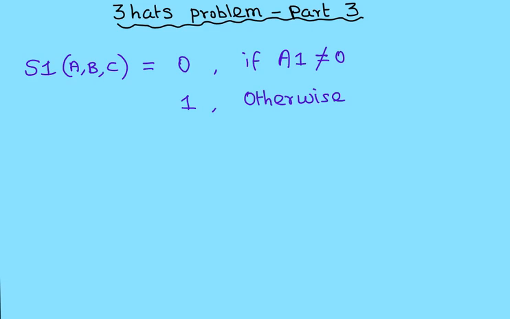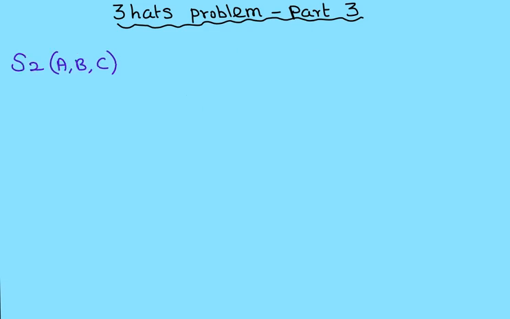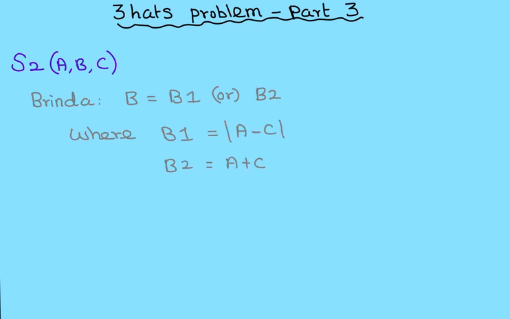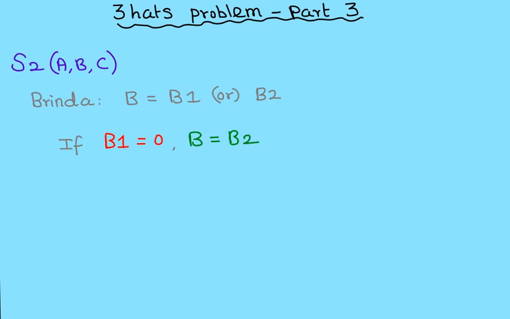Now consider statement 2, S2 of ABC. It is Brinda's turn. Brinda has two possible values, B equal to B1 or B2. Remember, B1 is absolute value of A minus C and B2 is A plus C. So if B1 is equal to 0, she can right away tell her number to be B2.